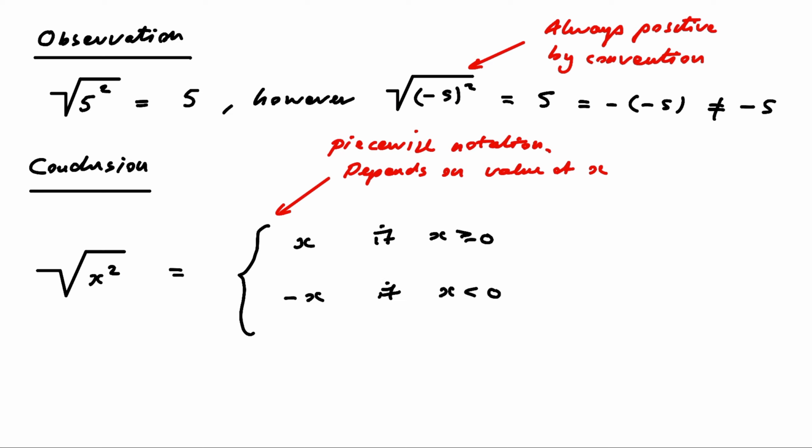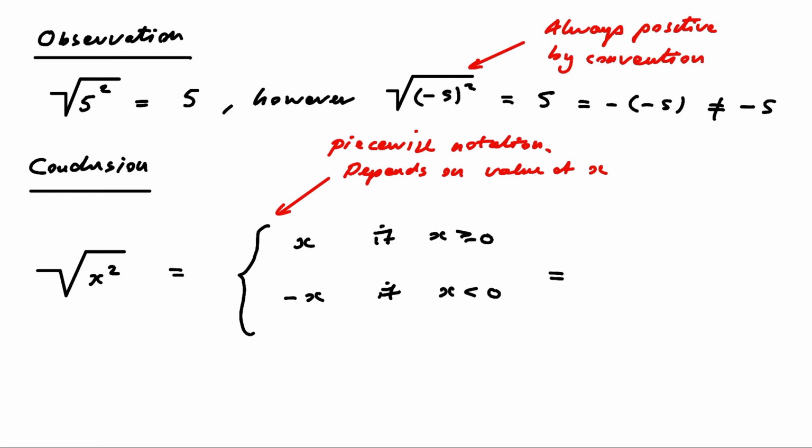Now that's confusing because you might think, but wait a moment, the output of a square root is always positive. It can't be minus x. But remember, x is negative, and the negative of a negative is always positive. So this should actually be a familiar expression to you. If I take a positive number, then the absolute value is just the value of the positive number. But if I take a negative number, it's the negative of it.